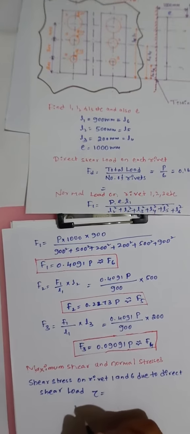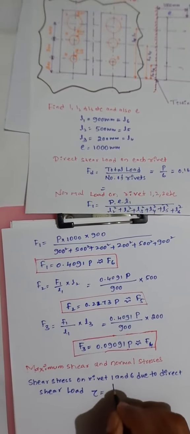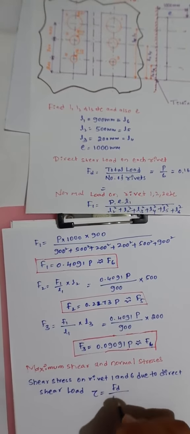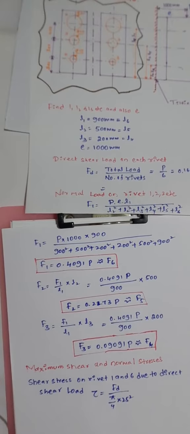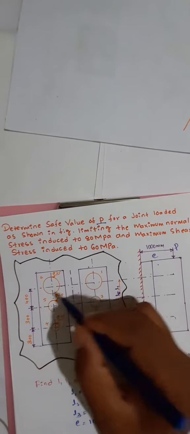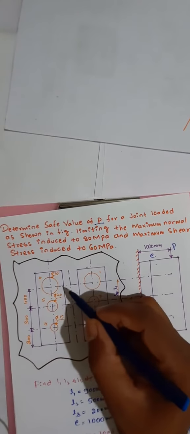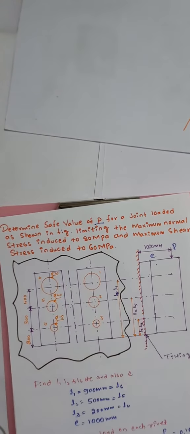Tau is equal to Fd divided by 5/4 into 25 square, because the diameter of rivet number 1 as well as rivet number 6 are the same, which is 25.